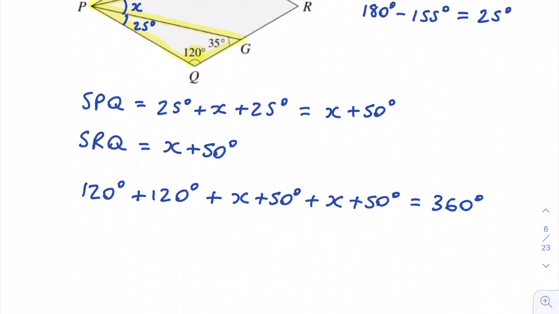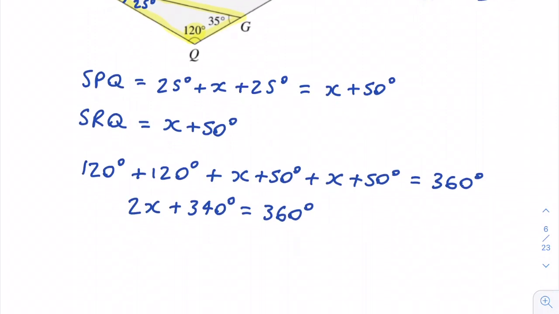So if we simplify the left-hand side of this equation, we're going to have 120 plus 120, which is 240. Then 50 plus 50 is 100. And 100 plus 240 is 340. And then we've got the x plus the x, which is 2x. So we're going to have 2x plus 340 degrees equals 360 degrees.